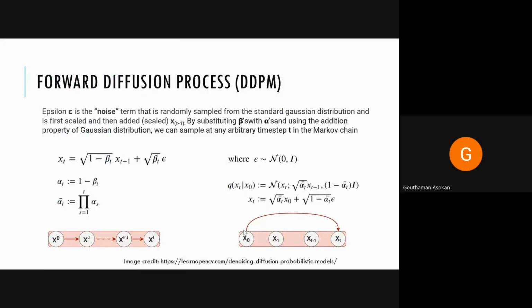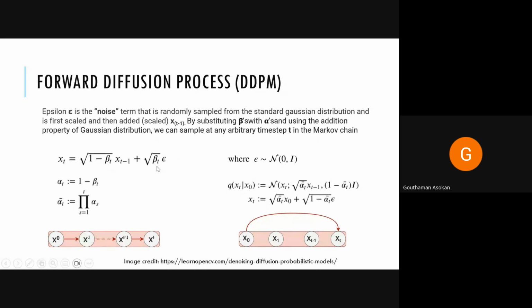How this scheduler works is, we have this noise, epsilon, and we have the diffusion parameter. In the forward diffusion process, essentially, we add noise iteratively, right?